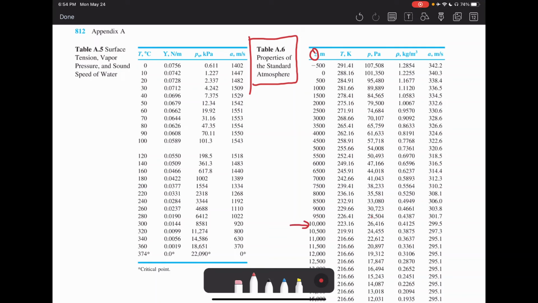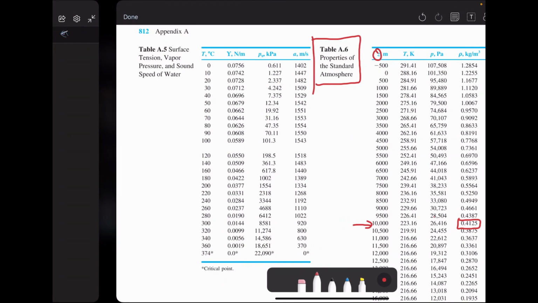And we see that we have 10,000 meters, and at 10,000 meters, we're given certain values. So we're given density, okay, and we're given our speed of sound. So we can use those two values in order to find our velocity of our air.